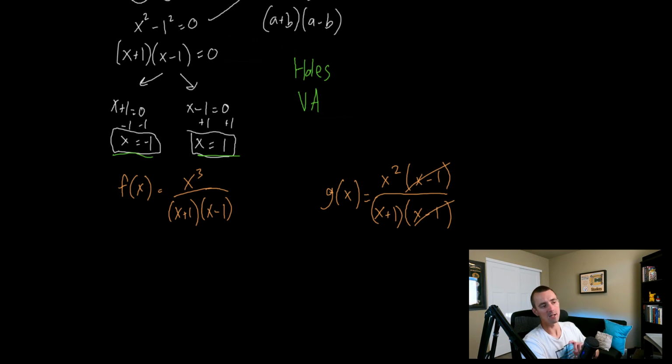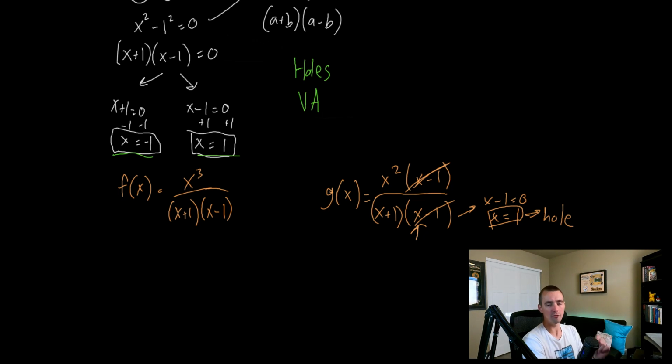What that tells us is that the x value that caused us to divide by 0 right here, in other words, setting this factor equal to 0, x minus 1 equals 0, and getting x equals 1, this x value that caused this factor to be 0, since it canceled out, would be a hole.